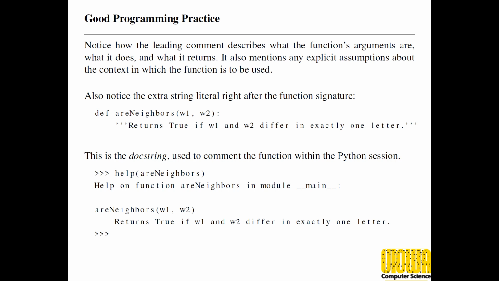You can do this for your own functions, but not if you don't put a docstring in there, because it'll just say help RNeighbors and say, I don't have anything to tell you about that. So good code will contain a docstring that helps the coder, when they're in the read eval print loop, ask questions about the function itself.